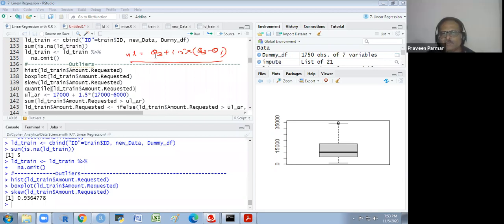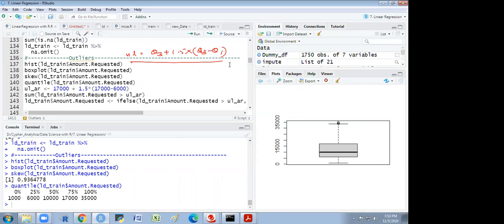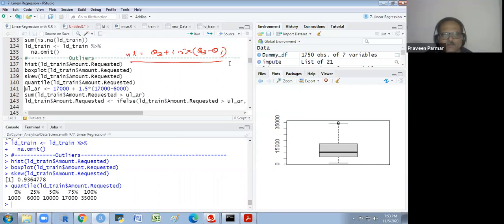Yes, sir. So this formula I will apply. For that I need Q3 and Q1. So I will use a quantile function to find Q3 and Q1. Q1 is 25% and Q3 is 75%. Got it? So I am finding the outlier limit of AR, AR meaning the amount requested.